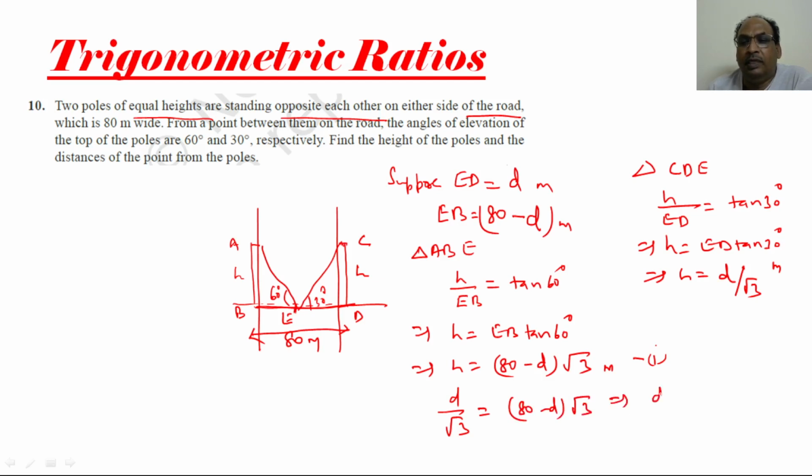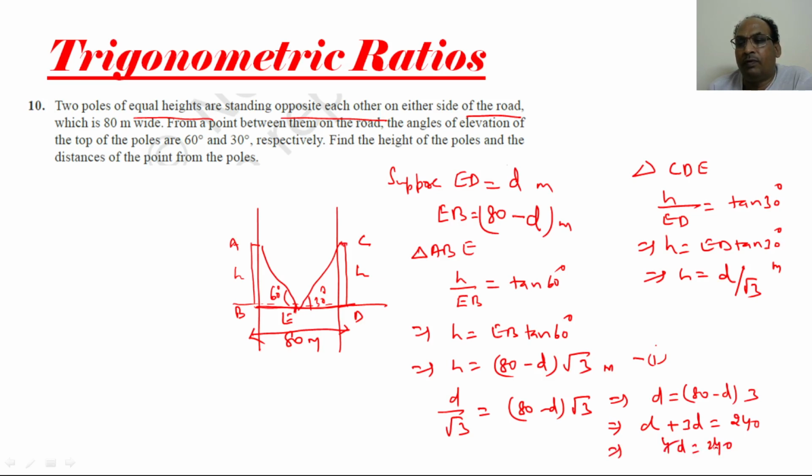and this will give us D is equal to 80 minus D, root 3 into root 3 will be equal to 3. So this will be D plus 3D is equal to 80. Sorry, 3 into 80, that is 240. 80 into 3, 240, and minus 3D has come this side, so it has become 4D is equal to 240.